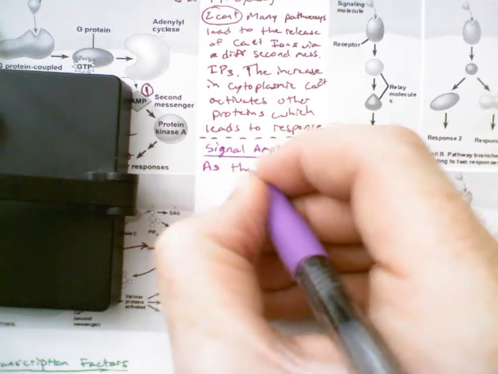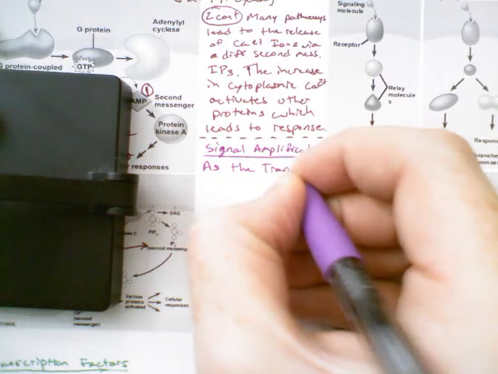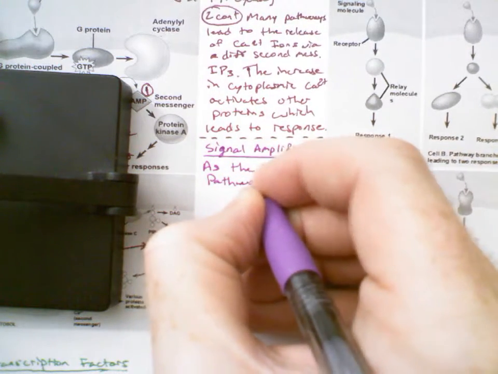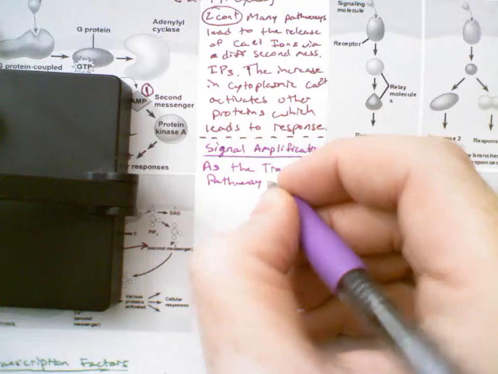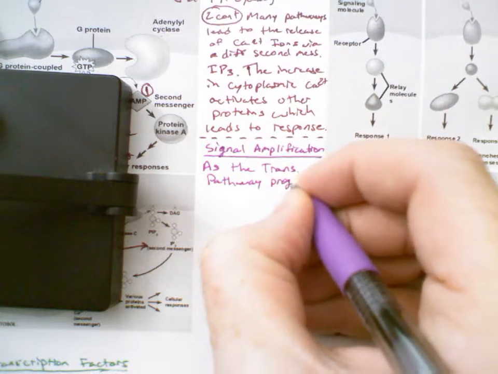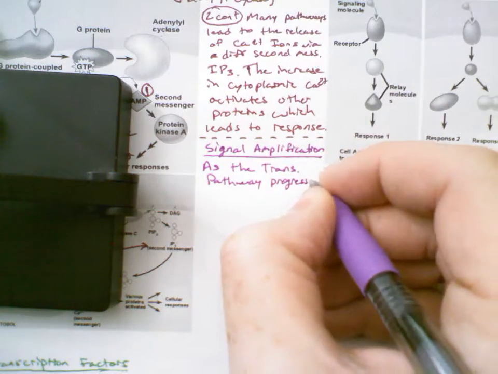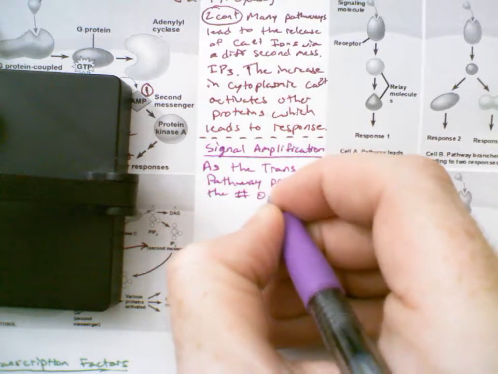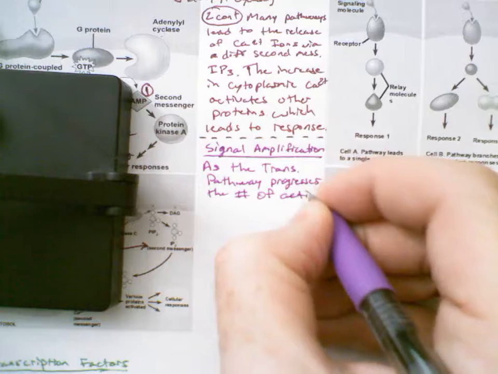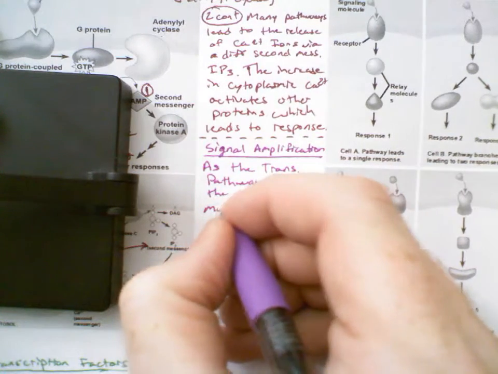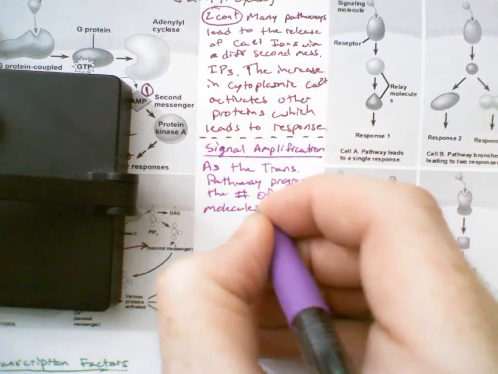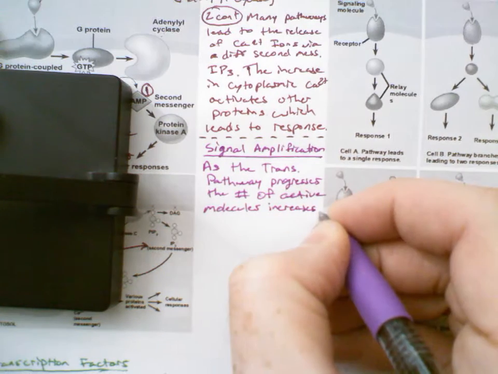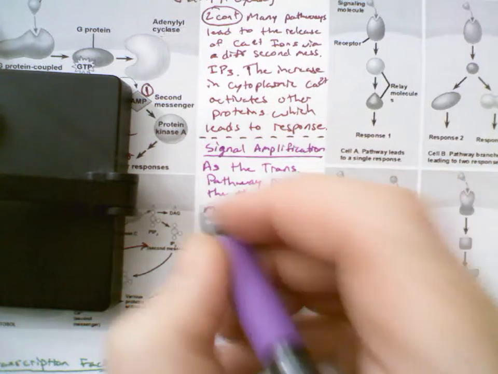As the transduction pathway progresses, the number of activated molecules increases at each step.